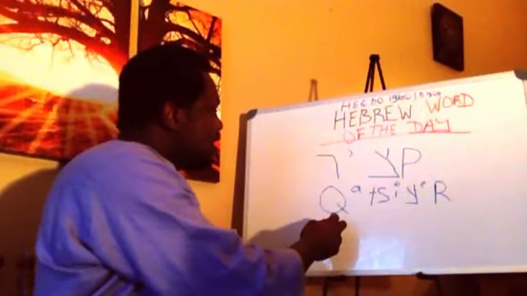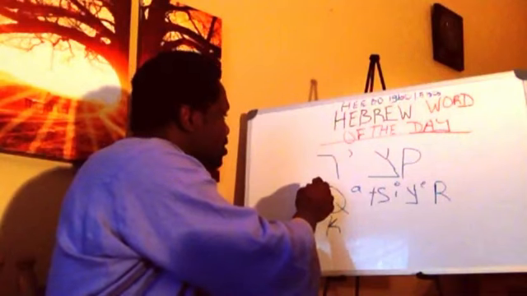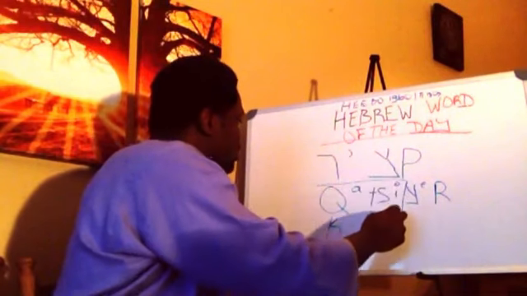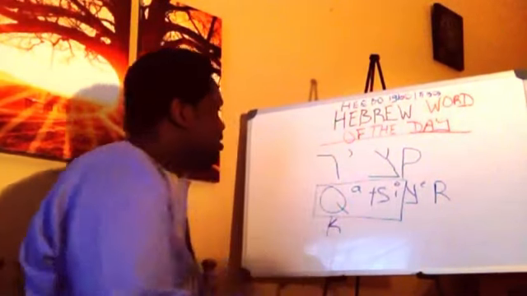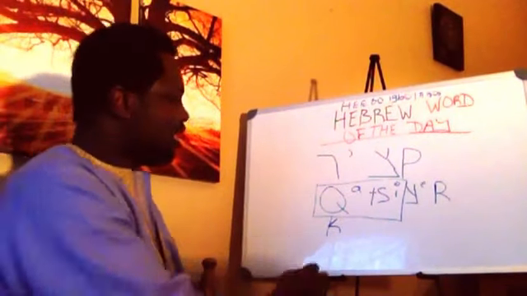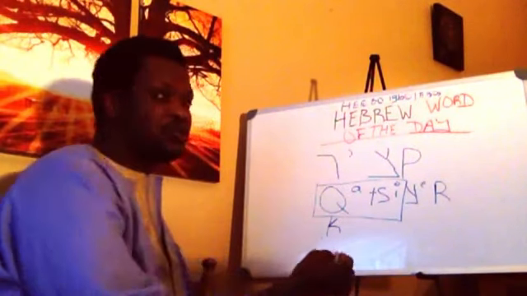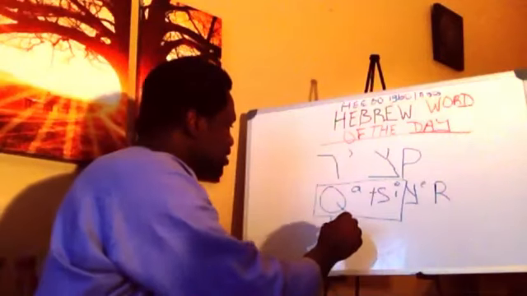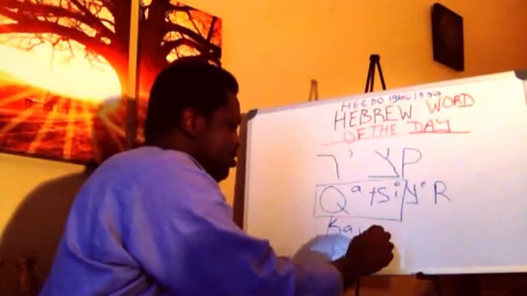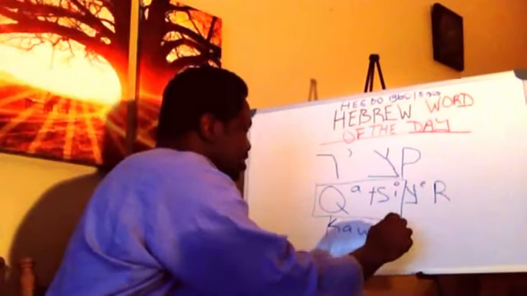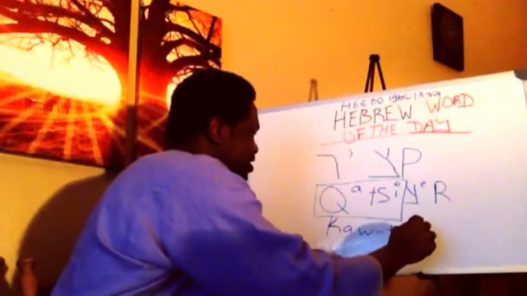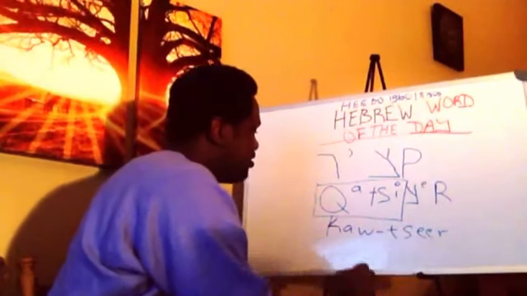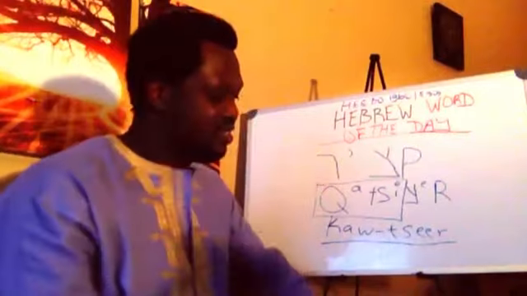Kwashiero. And the root right there is kwashi. And then the sound that Strong's Concordance wants you to pronounce is kwa, then T, S, E, E, R, kwashiero.